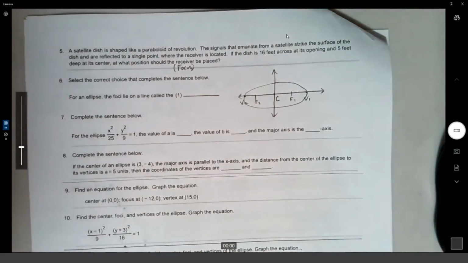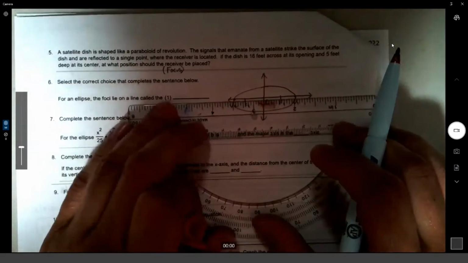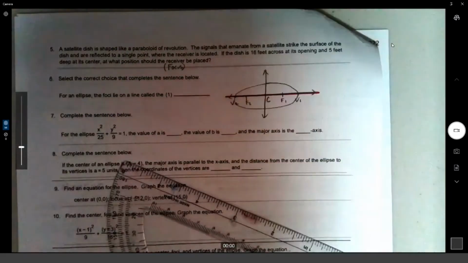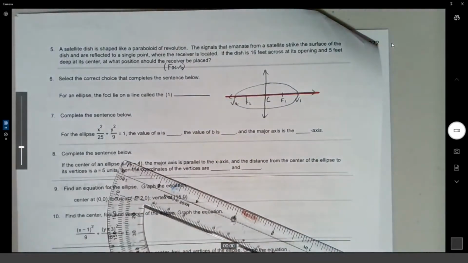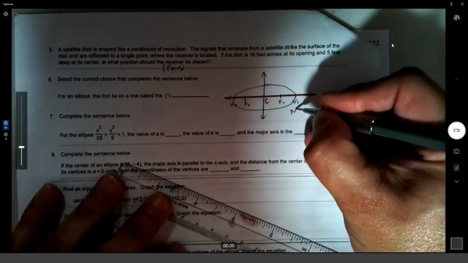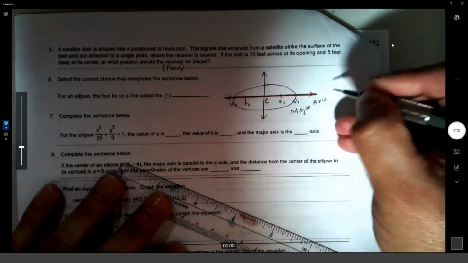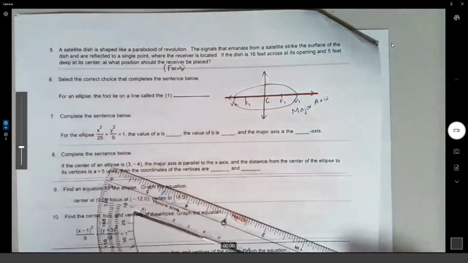And so this line that contains the foci, that contains the center, that contains the vertices is called the major axis. It's called the major axis.